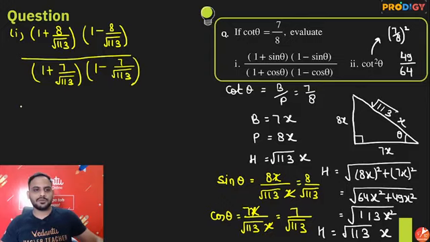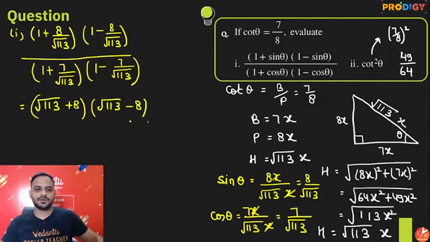Take LCM over here beta. So if you will take LCM, square root of 113 plus 8 into square root of 113 minus 8, whole divided by, acha, you will say sir, where is this thing?